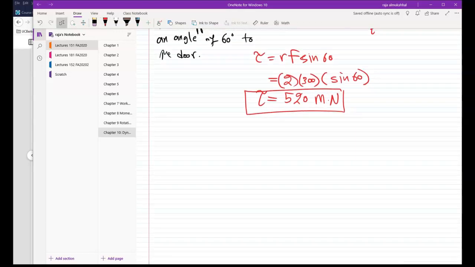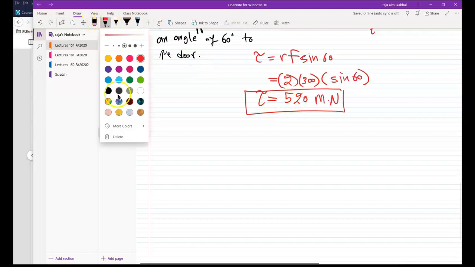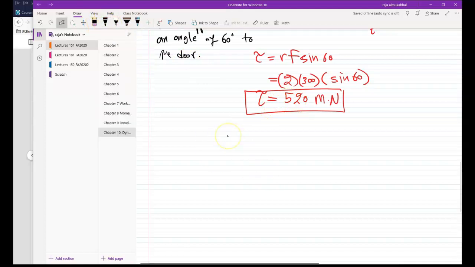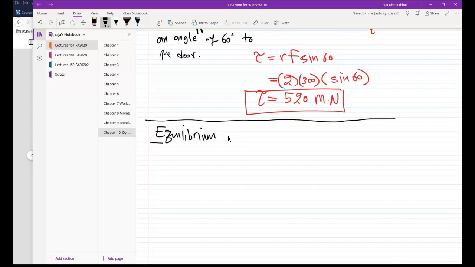Okay, good. The next topic about torque: there are 2 more subtopics regarding torque before we jump into angular momentum. I'm going to talk about equilibrium. You remember this word, equilibrium?